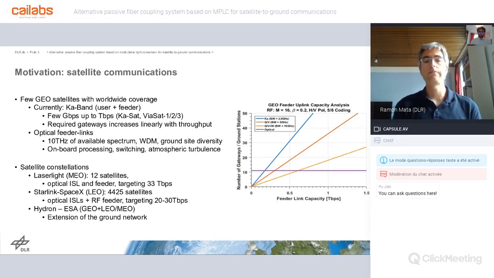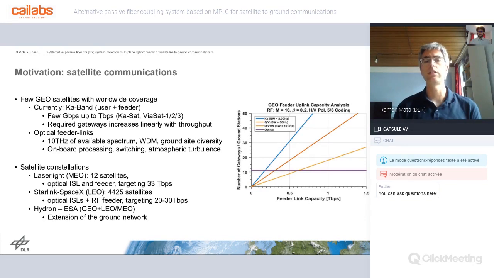For that, we have topics like onboard processing. We need switching, and atmospheric turbulence is one of the challenges. That is for geosatellites, but for satellite communication, in the last years there have been a lot of different proposals based on constellations of satellites, even in MEO or in LEO. Some examples like Laserlight or Starlink, based on multiple satellites, from tens of them to thousands of them.